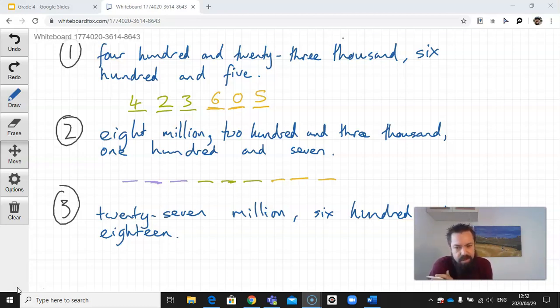Now that we've drawn the 3 families that we're going to need, let's look. 8 million. Okay, well, if I was just drawing 8, I would draw an 8 over there. So 8 is in the units. So 8 million, that's 8 million. Let's look at our 100,000. So 203,000. I can write 203 in the thousands family.